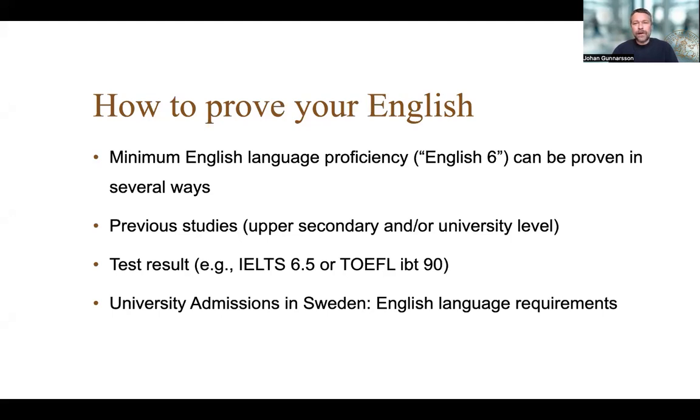I would say the most common way is probably for international students to take an English language proficiency test like IELTS or TOEFL. And you need a score of 6.5 on the IELTS test with no section below 5.5. And for the TOEFL test, you need a combined score of 90 with at least 20 in the written section.